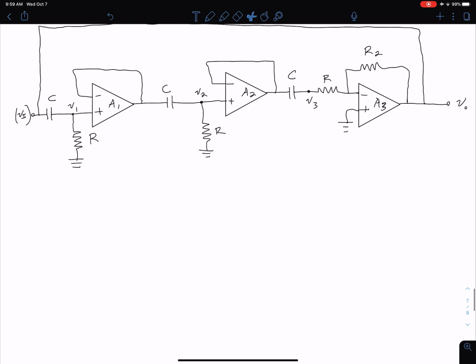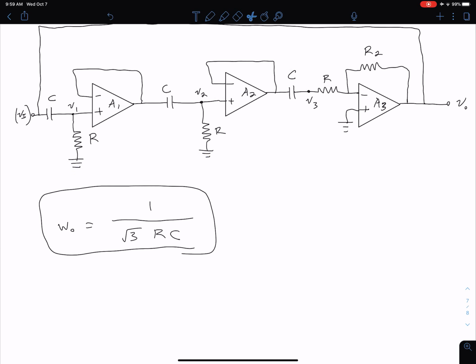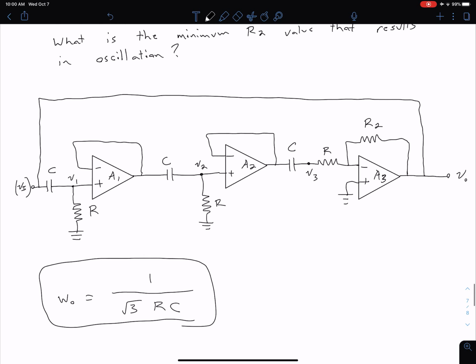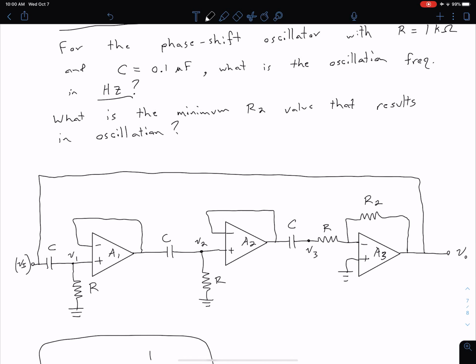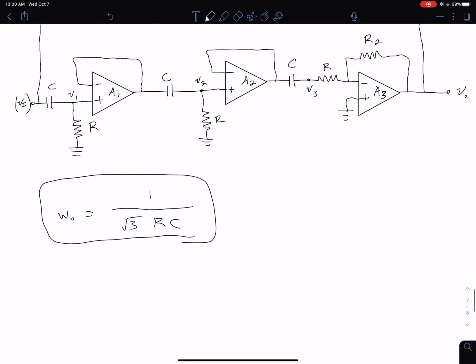What we had found in our previous video is that our resonant frequency, omega naught, was equal to 1 over root 3 RC. So of course we're going to use this equation if we want to find our oscillation frequency. The main difference though is here we were asked to find the oscillation frequency in hertz. So we just have to remember that our omega in general is equal to 2 pi f.